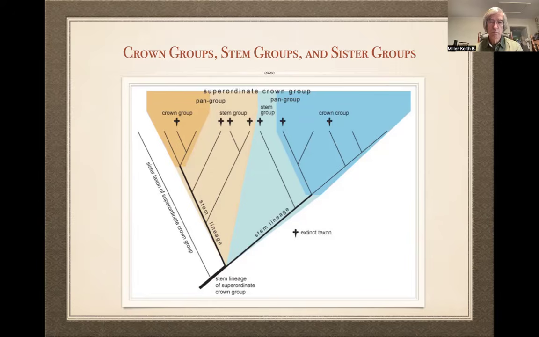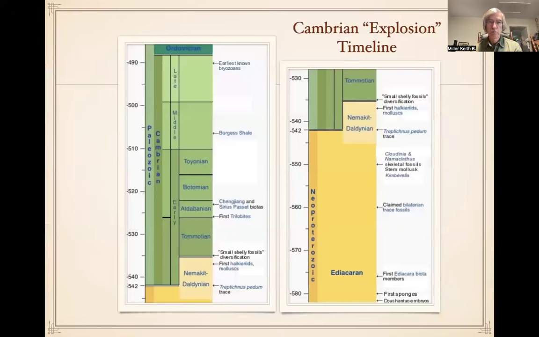The other thing I want to look at before we start going through the fossil record is this time diagram. The reason I have this up is that when you hear about the Cambrian, or the Cambrian explosion, I think the common perception is that this is a really short period of time. It depends on how you define it.